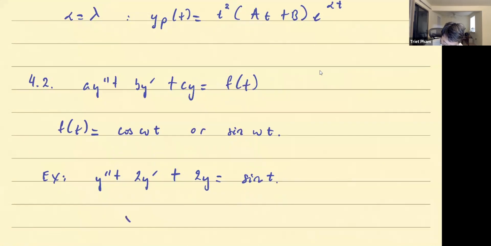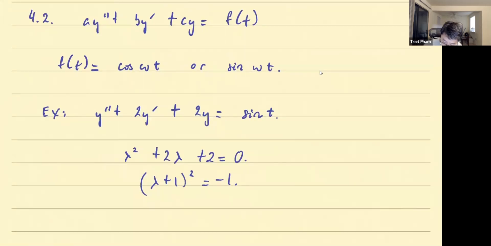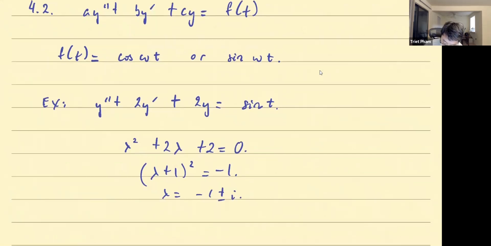The characteristic equation is lambda squared plus 2 lambda plus 2 equals 0. So (lambda plus 1) squared is equal to minus 1, or lambda is minus 1 plus or minus i. So your homogeneous solution is e to the minus t, C1 cosine t plus C2 sine t.